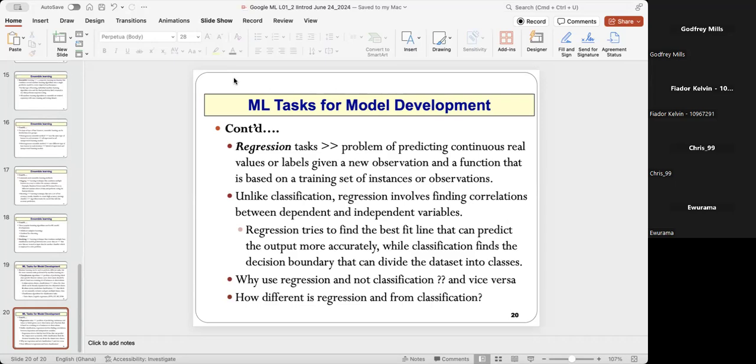These are the three main tasks that we find ourselves dealing with in developing machine learning models to meet a solution. So these are the key tasks that most machine learning solutions conform to.